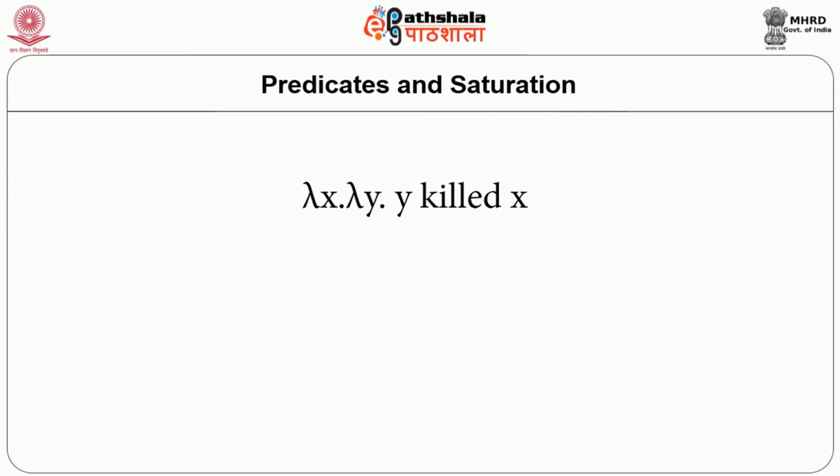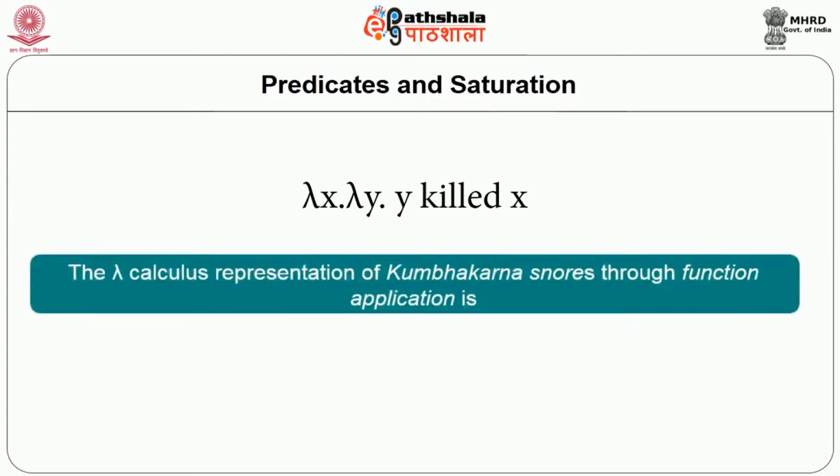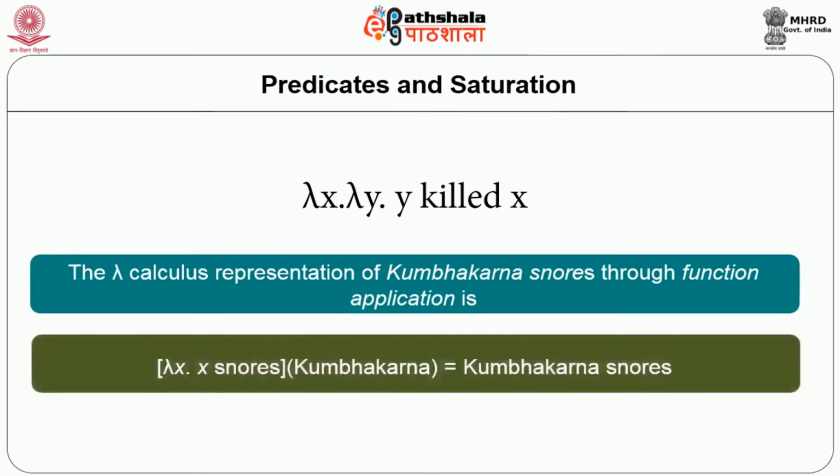So we can write this as lambda x, lambda y, such that y killed x. The lambda calculus representation of Kumbhakarna snores through function application is the function lambda x, x snores, applies to Kumbhakarna, gives us the proposition that Kumbhakarna snores.